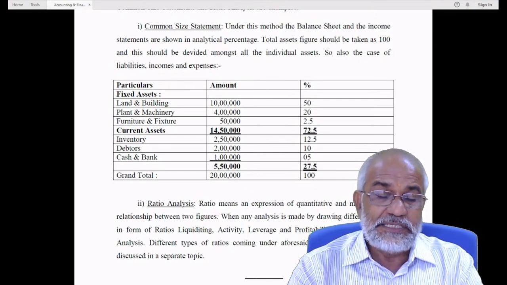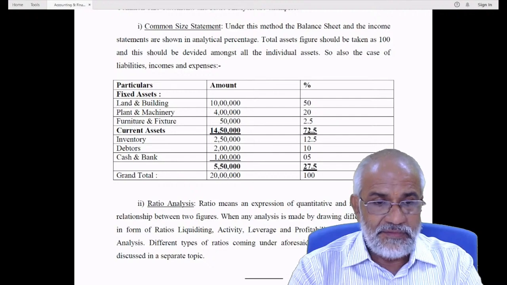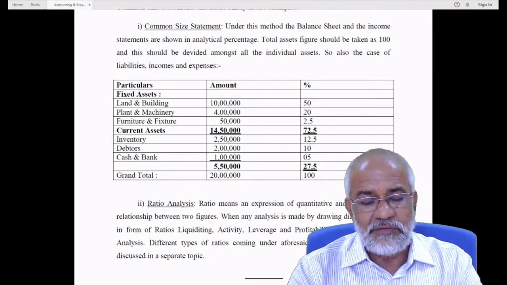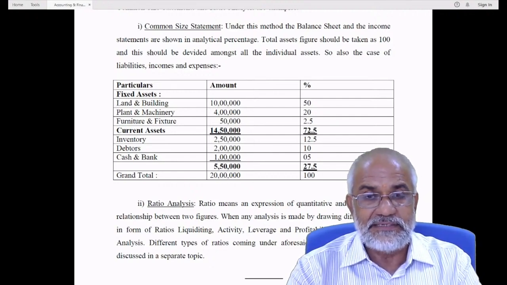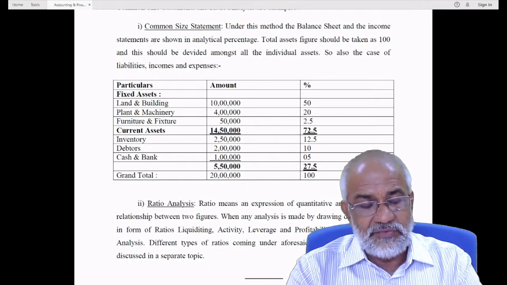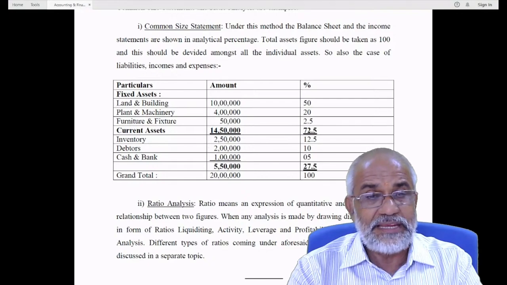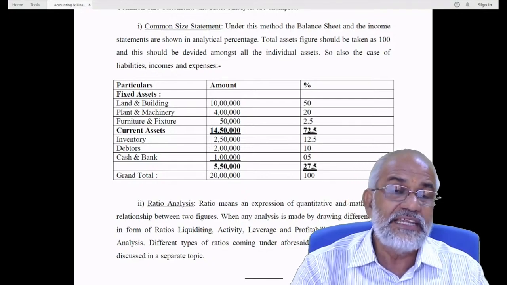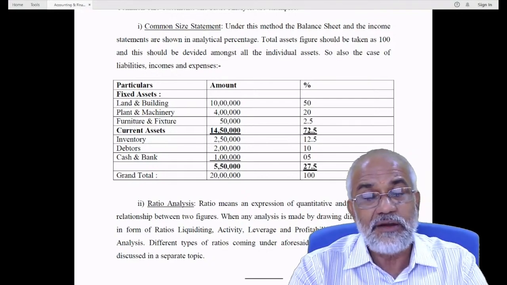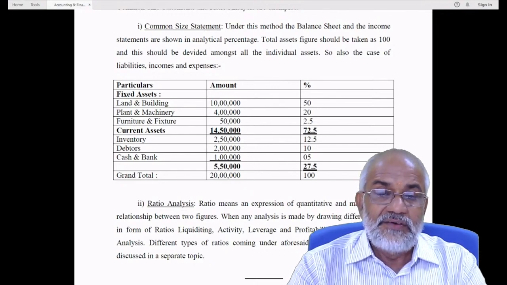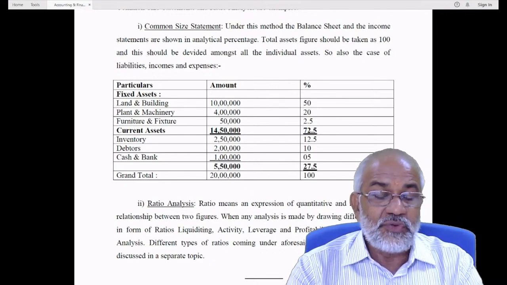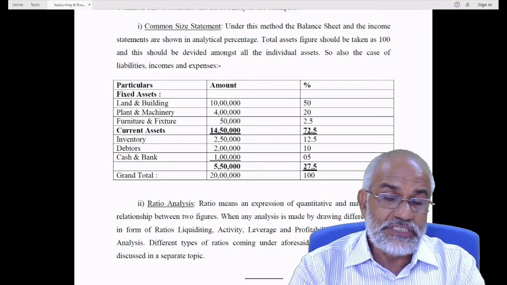Leverage speaks about the long-term solvency of the organization. To throw some light, I will talk about financial leverage, operating leverage, and combined leverage. Financial leverage is otherwise known as trading on equity.